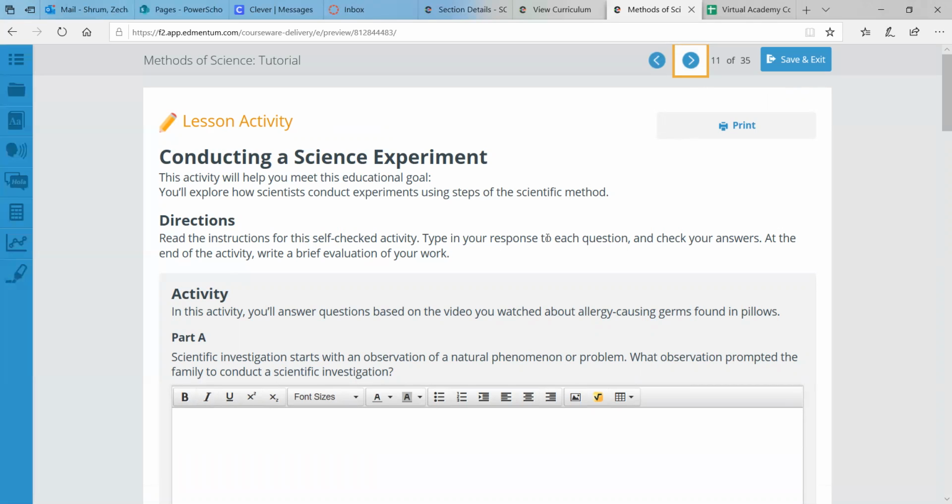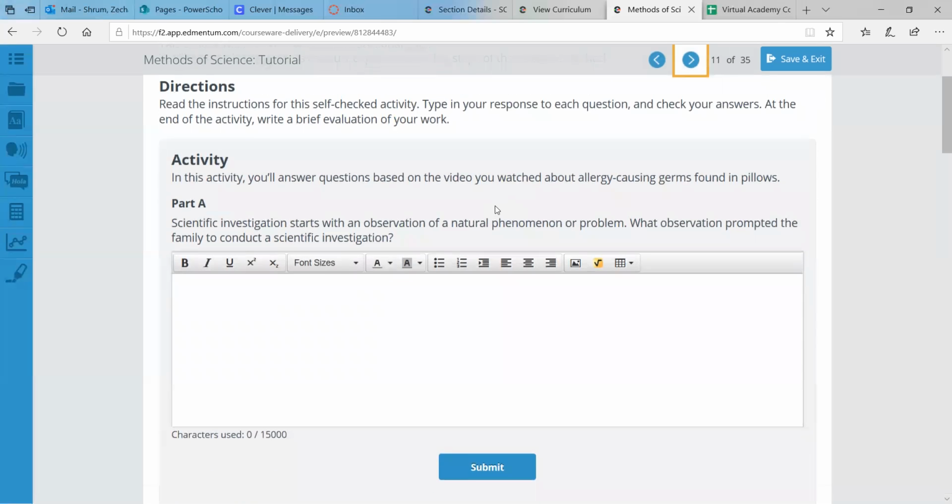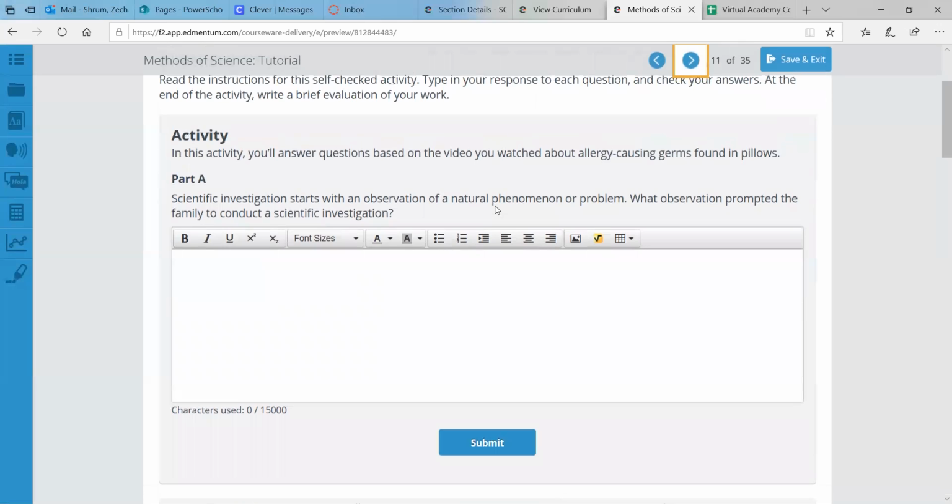So here's our first lesson activity. In the video, a family observes something, and this asks you to identify it and what makes them want to investigate.